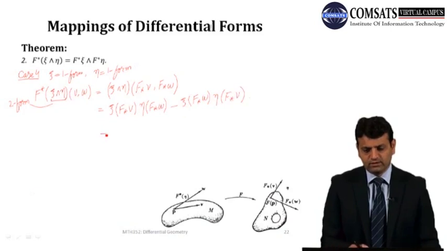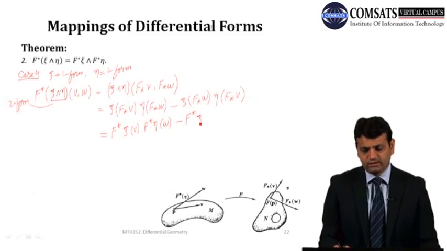Now this is the same as the pullback of xi at point v, and this is the same as pullback of eta at point w, and this is the same as the pullback of xi at point w and the pullback of eta at point v.